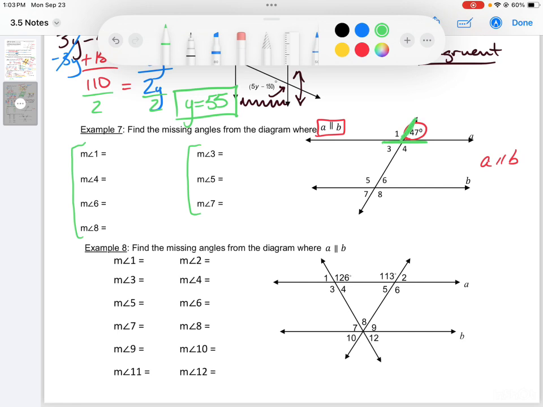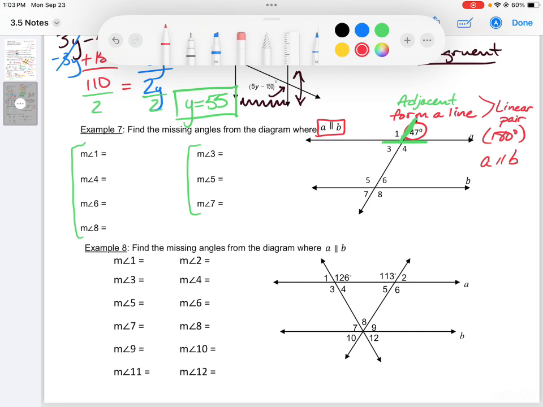I've got two angles that are adjacent and they form a line. When angles are adjacent and they form a line, that's what we call a linear pair.